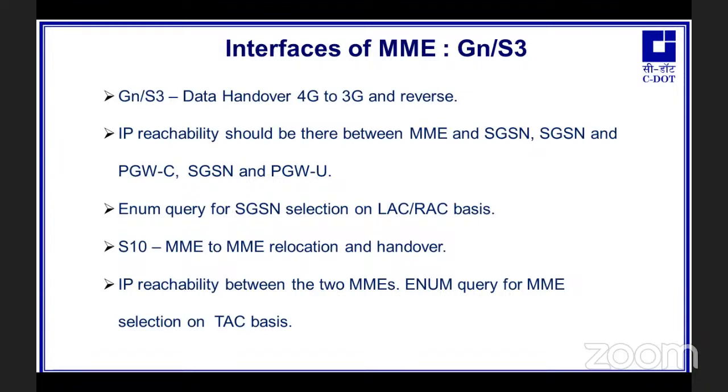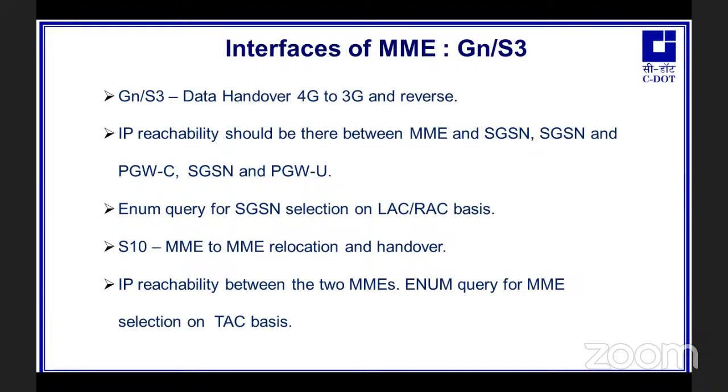So for the data handover or GN interface, two things need to be ensured. One, MME and SGSN IP connectivity is very much required. SGSN and PGW control plane IP reachability and SGSN user plane to PGW user plane IP reachability is very much required.